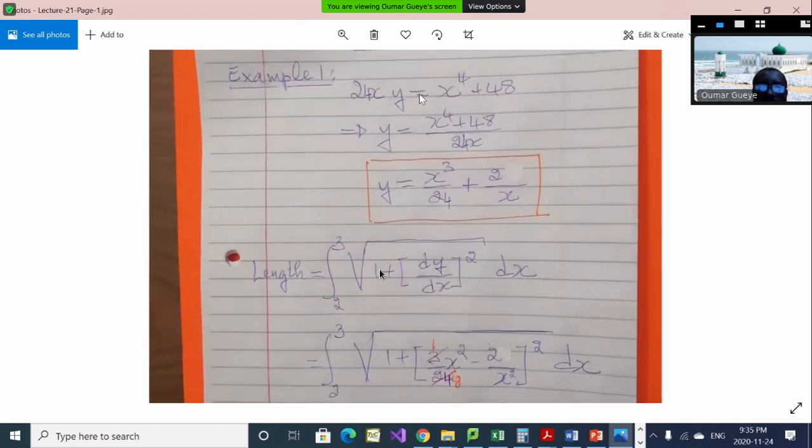We have 24xy equal to x to the power 4 plus 48. As I told you, we isolate the y. So we obtain y equal to x to the power 4 plus 48 by 24x.